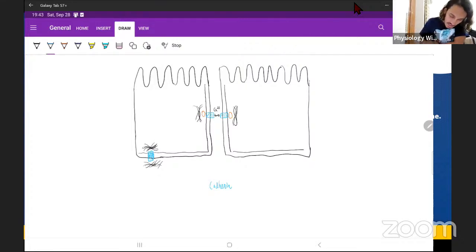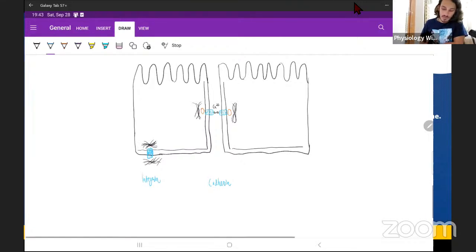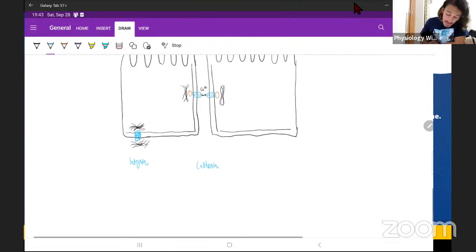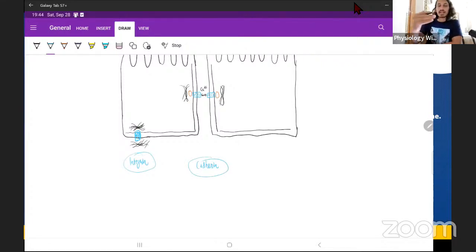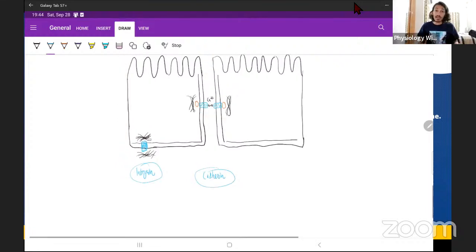This is what we call an integrin. Okay, so in various ways, cell to cell, cell to basal lamina sort of a connection can take place.